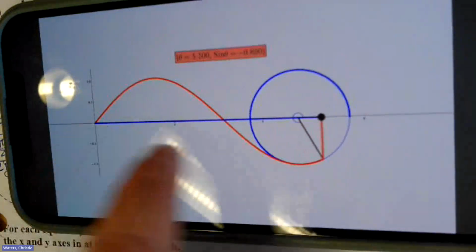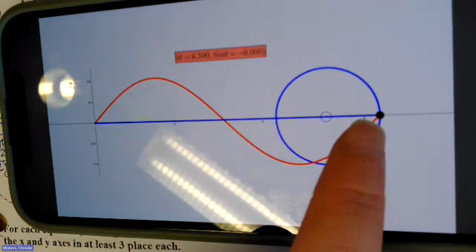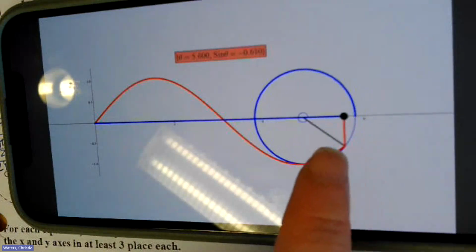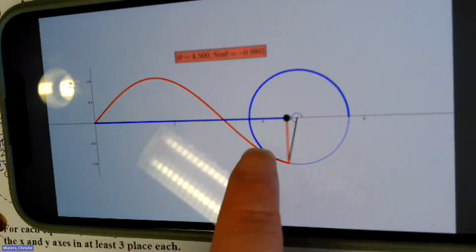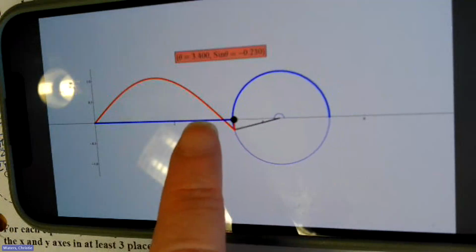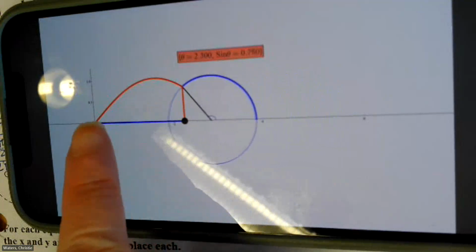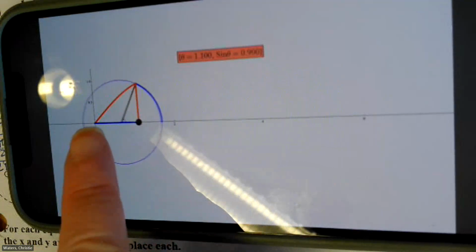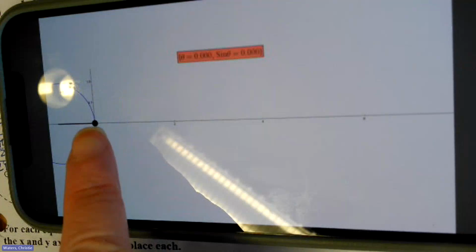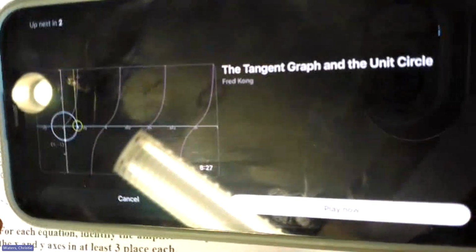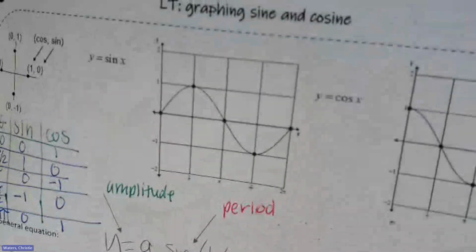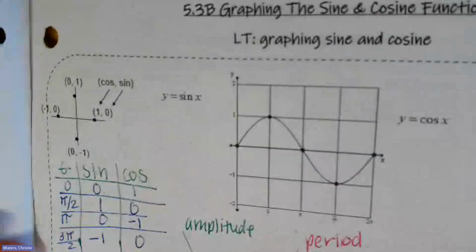And you can see it's just following the distance that the radius is away from the origin. I'll go ahead and play it again. Oh, it's not letting me. Anyhow, you can see there that one cycle is one complete rotation around the circle.